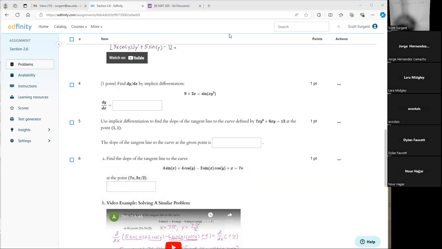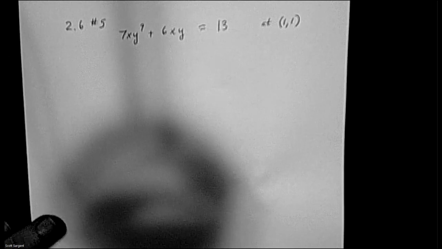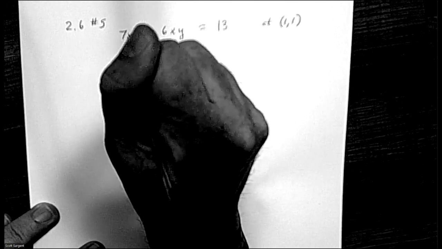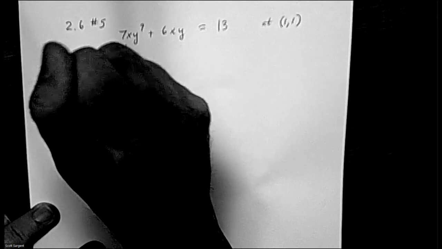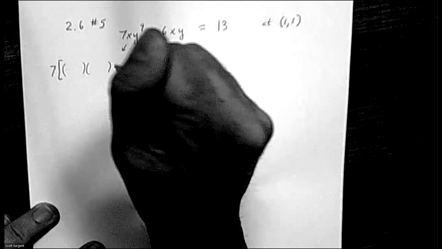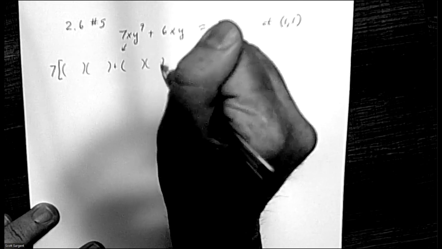All right. What we want to do is, well, x and y are connected by multiplication, so we've got to use the product rule. And I think I'm going to move the 7 out in front. It's just less confusing.